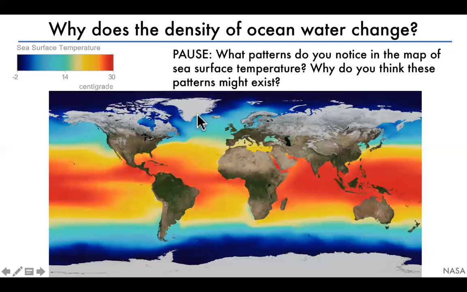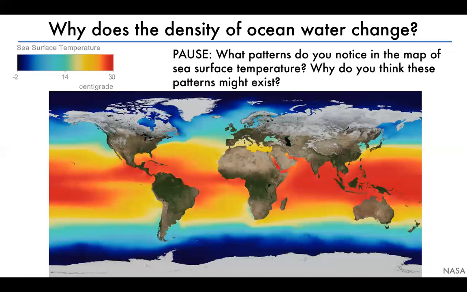And so typically when we think about temperature, warmer temperatures tend to correlate with lower densities, and that's because as the water heats up, it expands thermally due to the motion of the molecules, and so you'll have the same amount of mass, but in a larger volume.